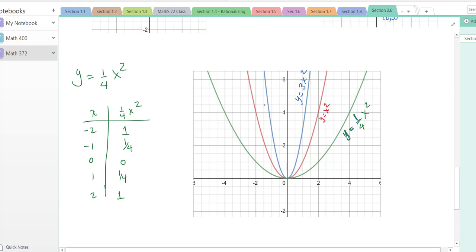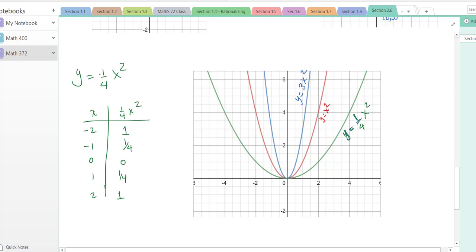So you're stretching it. And then instead, if you were to let it go, instead of pulling it up, you're just loosening the rope, then it's going to widen it. And so that's what's happening in here. So when your coefficient is a fraction, it's widening the graph, like the green one here.